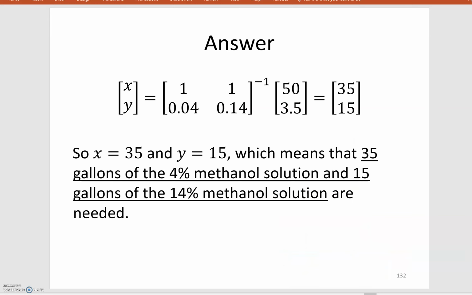And if we combine the two solutions in these proportions, we will get 50 gallons of 7% methanol.